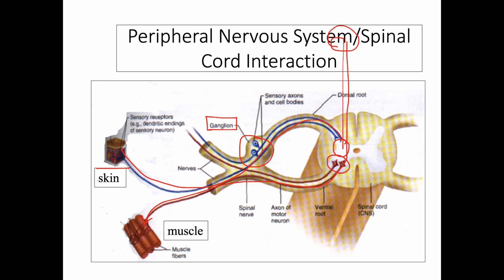So again, the incoming signals are through a sensory afferent neuron towards the CNS. The outgoing signals are through a motor efferent neuron going out towards the PNS. Do you guys remember from anatomy? This is called the dorsal root ganglion.